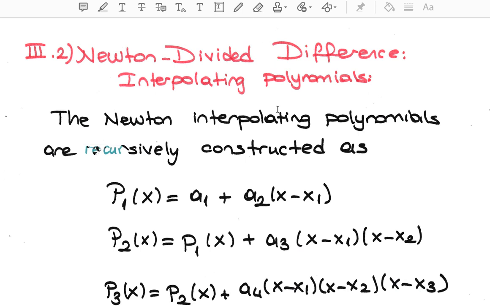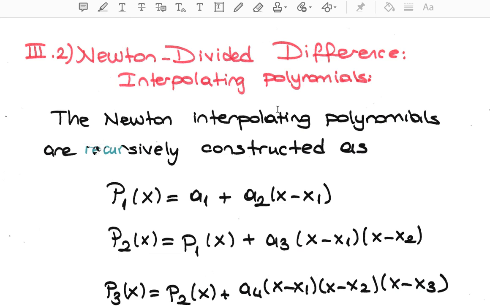In Newton divided difference, please do not forget: when a method is entitled with the name Newton, it means that you need to use derivatives to accelerate your polynomial approximation, your root finding or your solution of the system. This gives you some acceleration, but on the other hand, it needs to use derivatives all the time.